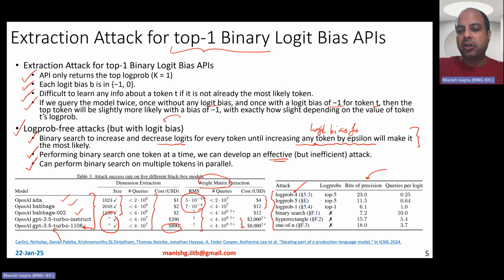We also talked about the log probability 1 method right here. They also have in the paper a log probability 5 method and methods without any log probabilities. These ones don't use any log probabilities. These ones use top 5 log probabilities. They were able to obtain correct weights in the weight matrix up to 23 bits of precision.